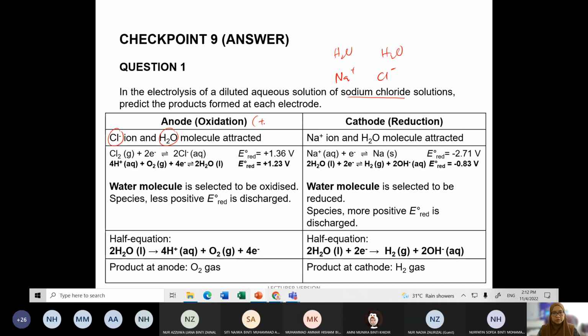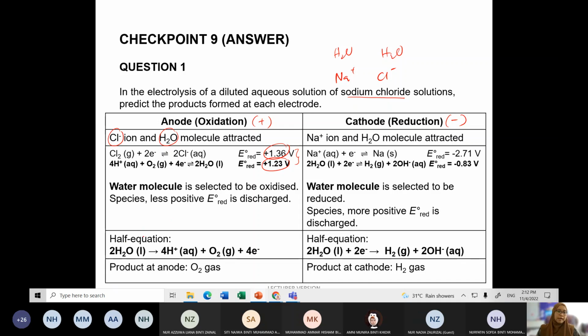Between these two, we are going to select the one that is more negative or less positive. So this value is less positive than this value. Okay, so water will be discharged. Water will be selected to undergo oxidation.